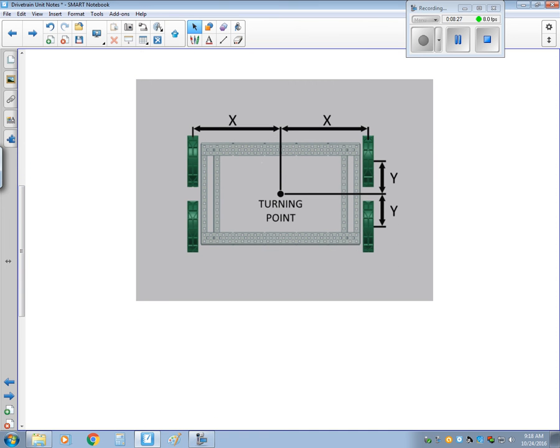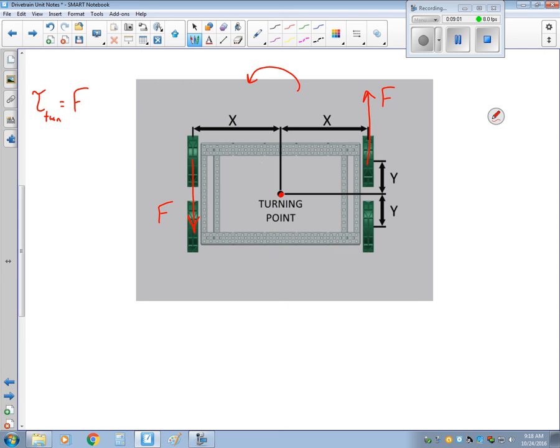So here we have a robot and it has all high traction wheels. We have our turning point. And when those wheels turn, they exert a force in that direction. So this is trying to make a counterclockwise turn. So these wheels are applying a force. So the torque for turning would equal this force.